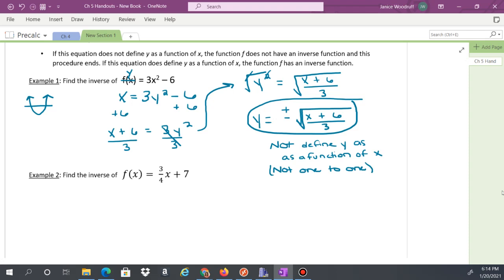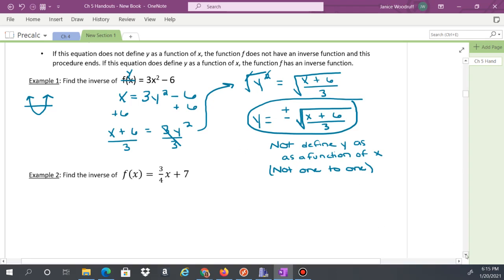Which means that if I switched every single x and y value out on that graph, they would not correspond as they're supposed to, as an inverse is supposed to. That's what that means. Okay, but you can still find the equation of the inverse. You don't just say, oh, I can't do it. You can still find the equation, but you just have to say, is it 1-to-1 or is it not 1-to-1?